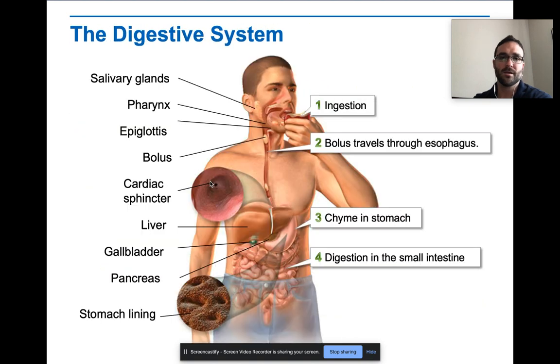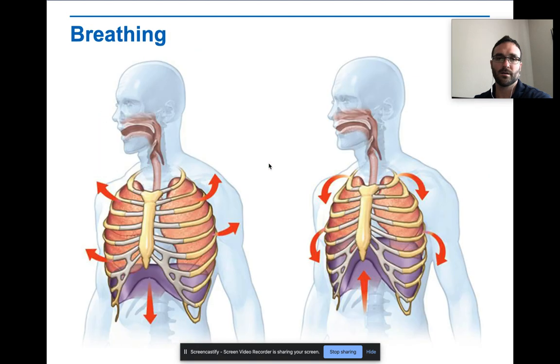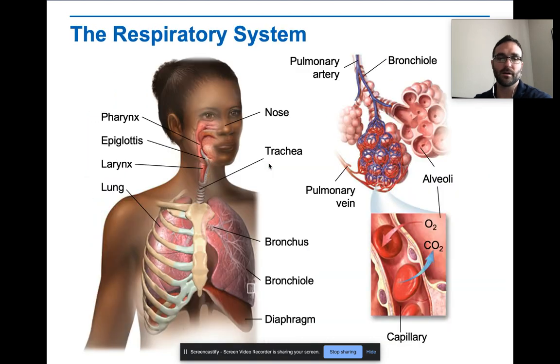Let me go back. The esophagus, you have two tubes that branch off. Your esophagus is smooth. It's got all of this muscular tissue that helps push food down. But your trachea is going to be pretty tough, okay? It's going to go down into your lungs.